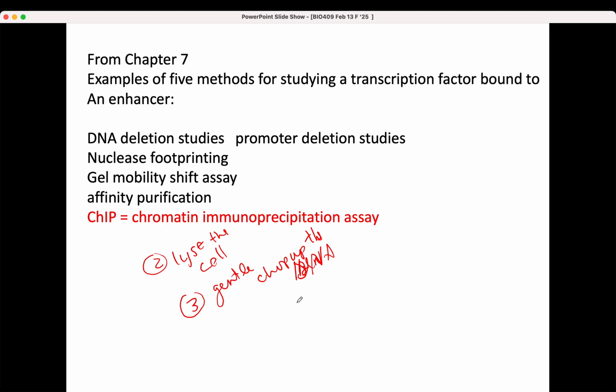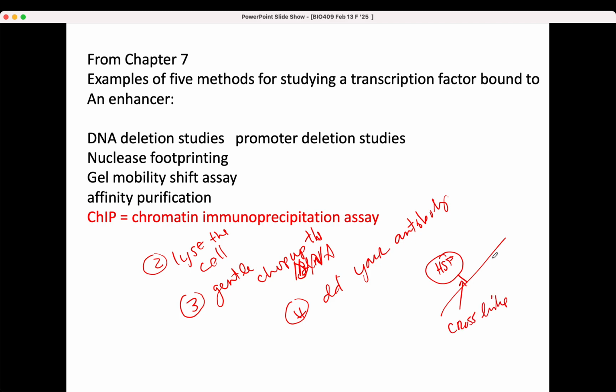And then the fourth thing is to add your antibody to that material. Then what we'll have in the tube is the HSF, and some of the HSF molecules will have been cross-linked to some of the cis-regulatory regions for heat shock genes.